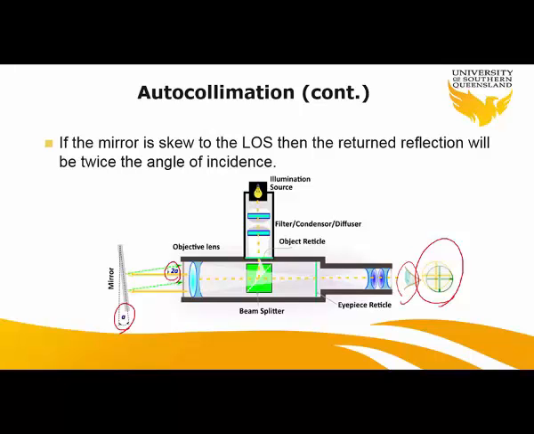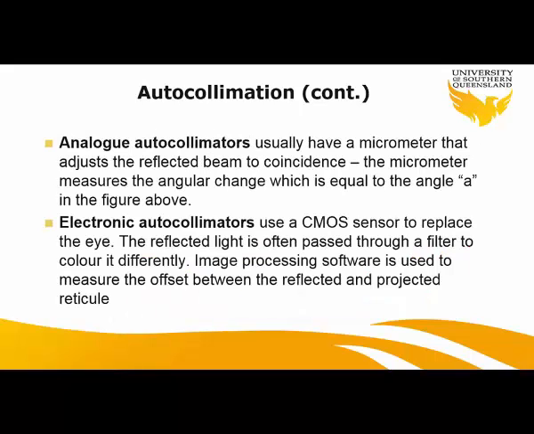So what's happening is the camera takes images, it is a sensor, and this sensor, a CMOS, which stands for complementary metal oxide semiconductor image sensor, is basically sensing the image and finding the difference between the two crosshair images by image processing software.